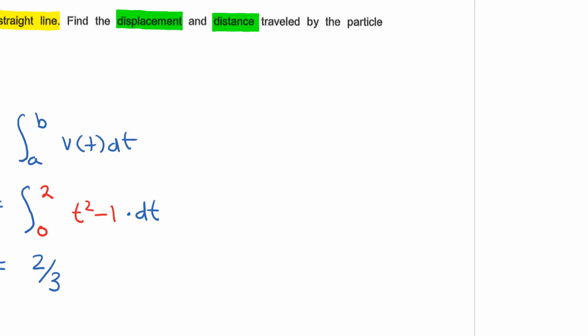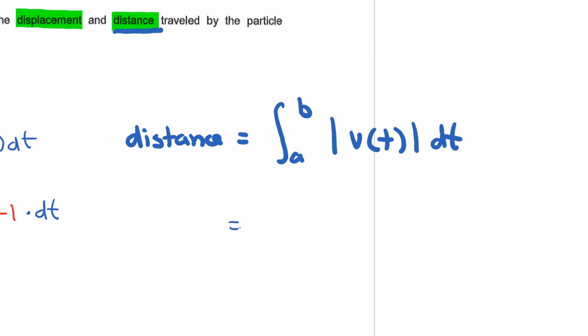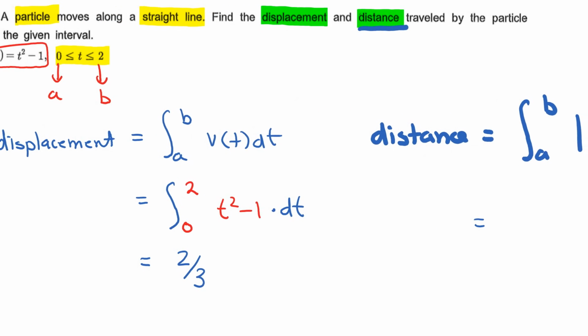For the second question, I have to find the distance. The distance is equal to the integral from a to b of the absolute value of v of t dt. Applying this to my problem, remember I'm going from 0 to 2.